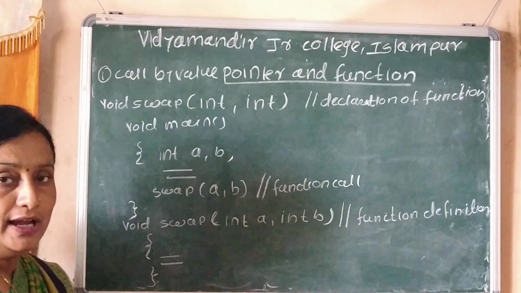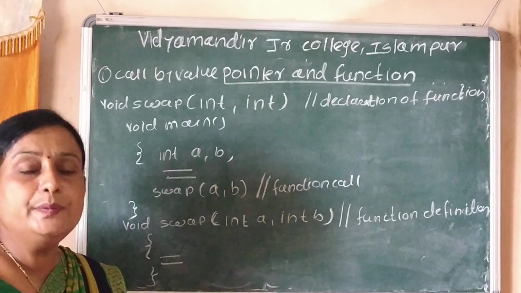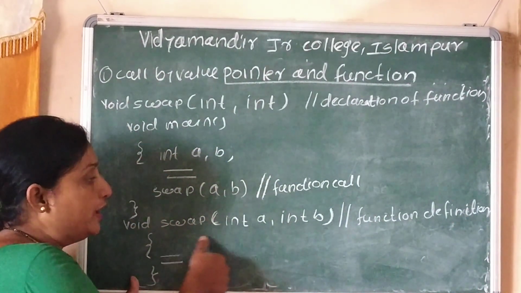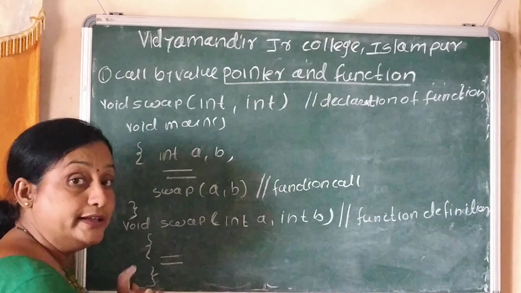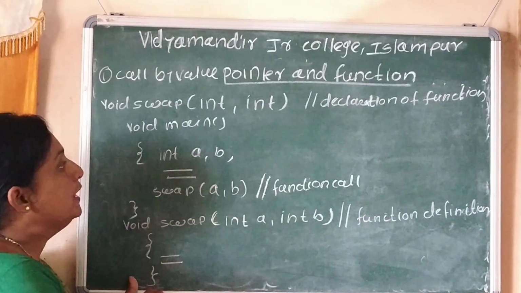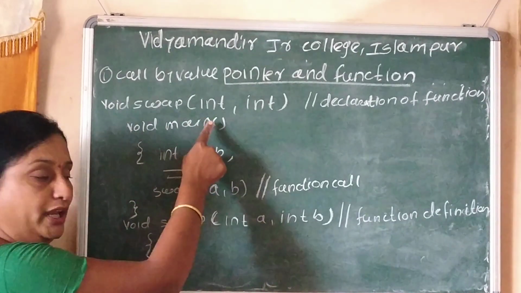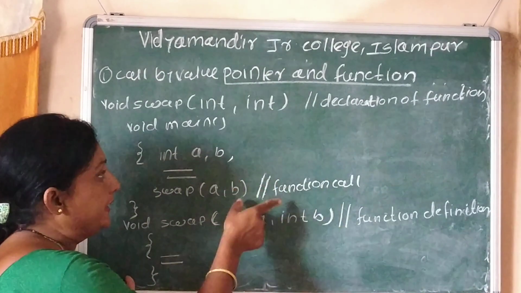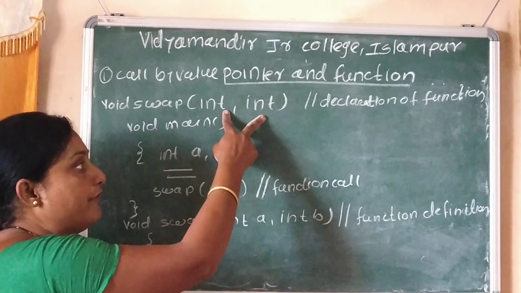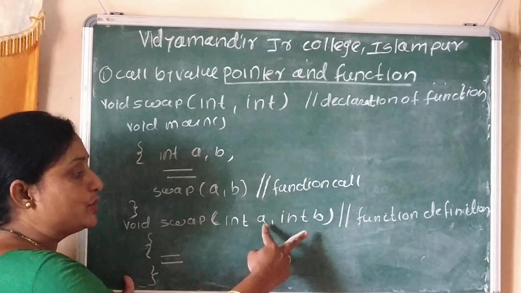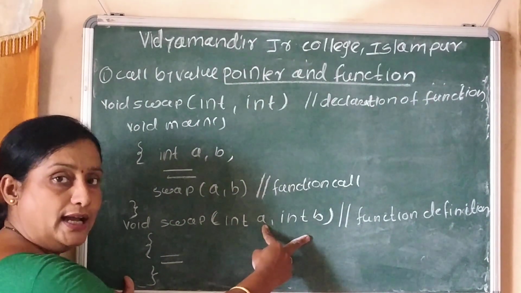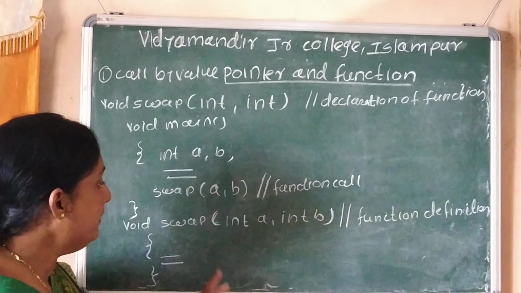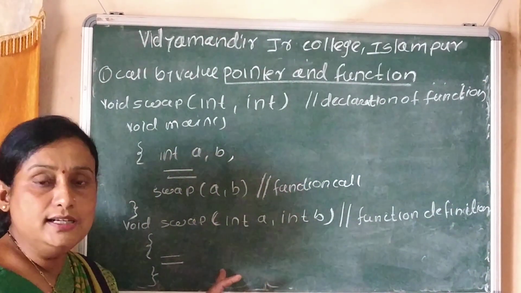In call by value, when a specific portion of a program invokes a function, or the function is running, at that time control transfers from the main function to the called function. At that time the value of the actual argument is copied to the formal argument. During function running, this value may be changed or altered.